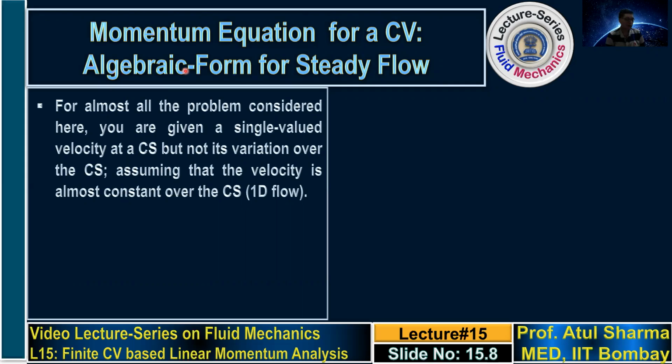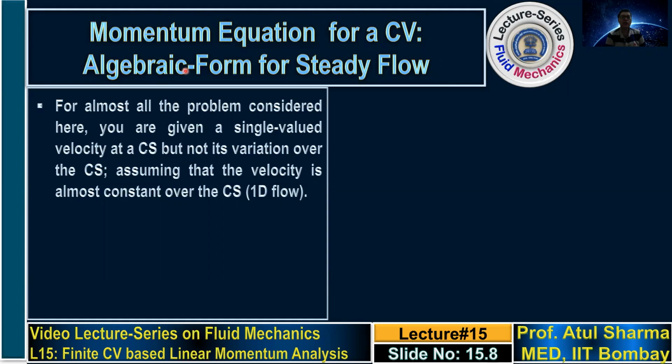This is because for almost all the problems considered here, and I'll have a separate lecture on tutorial videos, you will see that in all the problems we consider, you are given a single value of velocity at a control surface, but not its variation over the surface. Like if you are given a problem of flow in a pipe, at the inlet you are not given the variation of the velocity over the cross section.